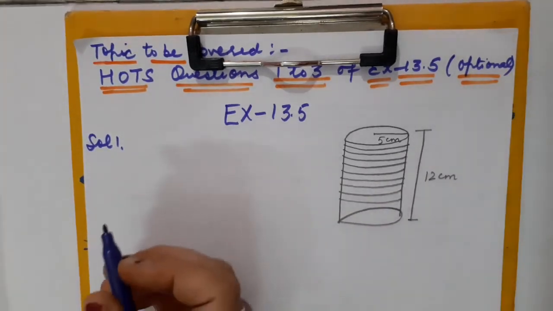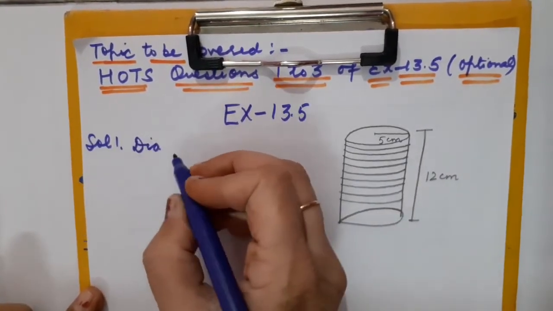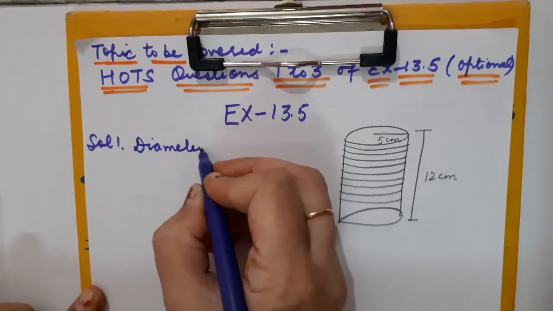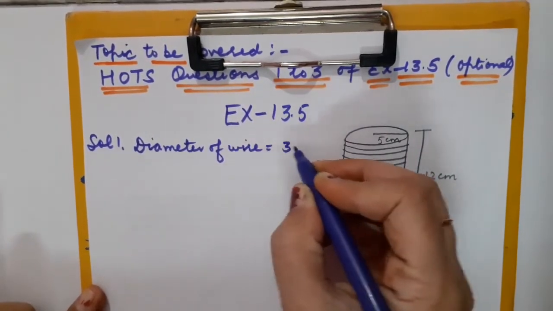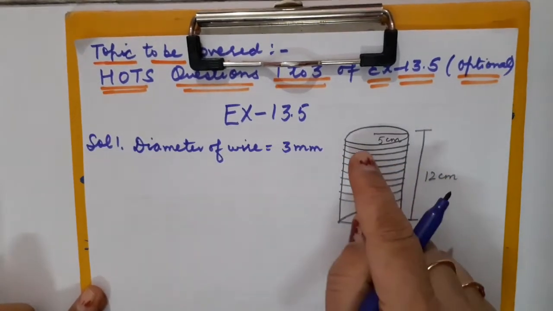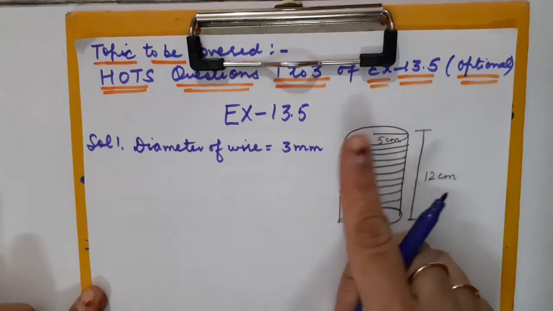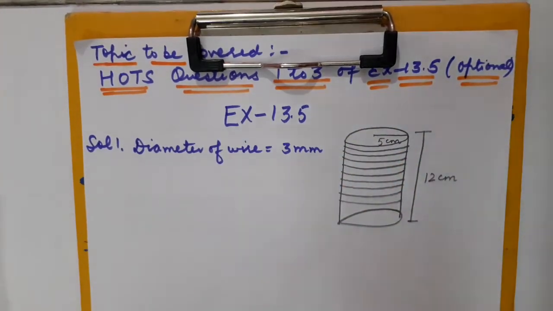We have been given in the question that the diameter of the wire is 3 millimeters. So diameter of wire is equal to 3 millimeters. Correct? When a wire is going to take one round around this cylinder, then it is going to cover 3 mm of the length of the cylinder.